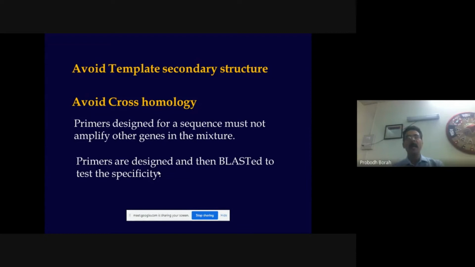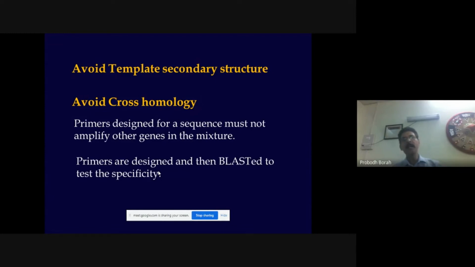So that is why, after designing a primer pair, we go for sequence alignment using the online tool BLAST. While the sequences are blasted, we see to which sequence in the database our primer sequence shows the highest level of similarity.